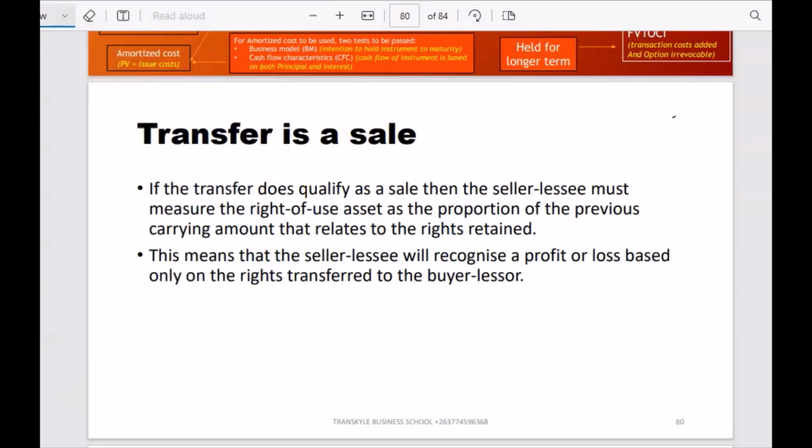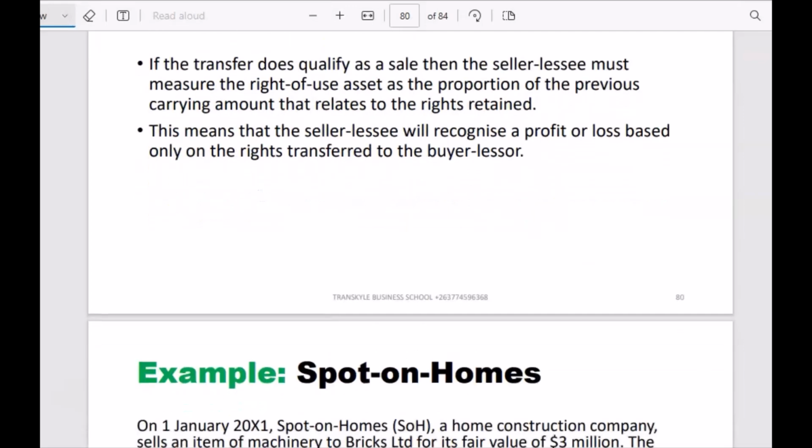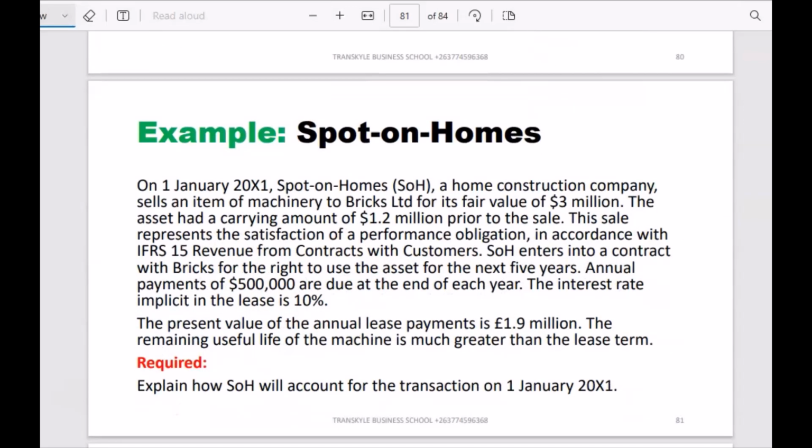If the transfer does qualify as a sale, then the seller-lessee must measure the right-of-use asset as the proportion of the previous carrying amount that relates to the rights retained. This means that the seller-lessee will recognize a profit or loss based only on the rights transferred to the buyer-lessor. I think an example would be most appropriate in this regard.